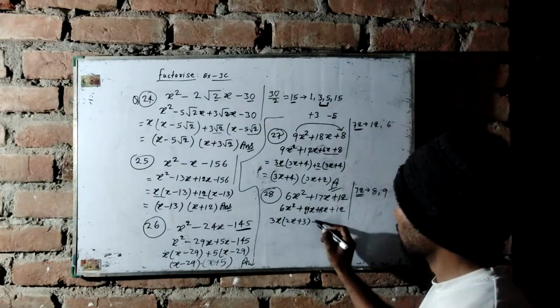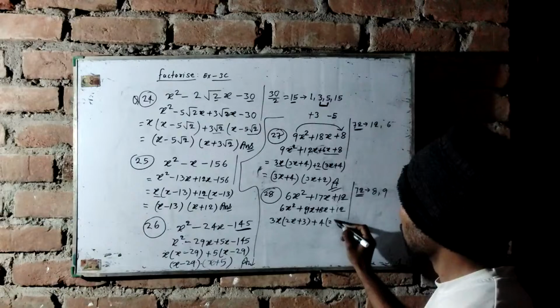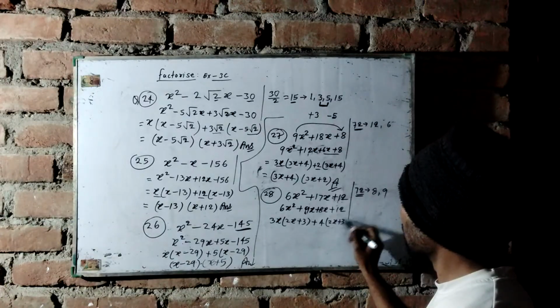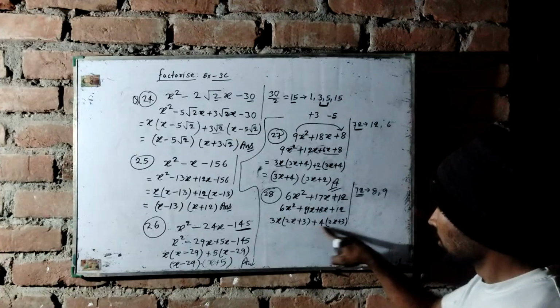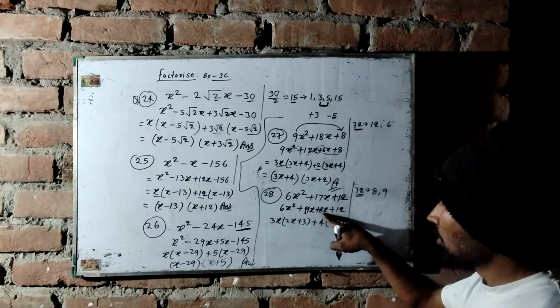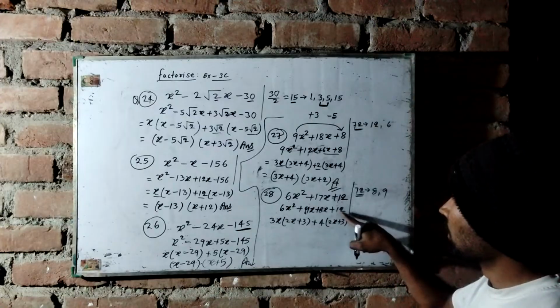Now we can take 4 as a common, and we can write 2x plus 3 as a multiple, because if you multiply this number with this number, you will get this number, and if you multiply this number with this number, you will get this number.